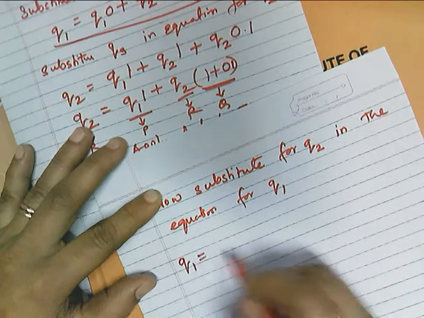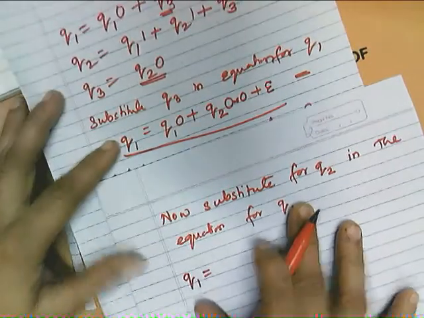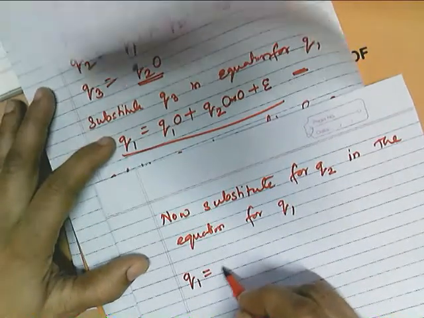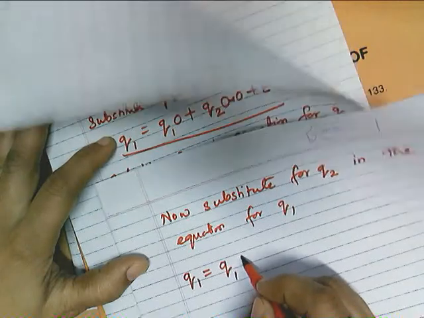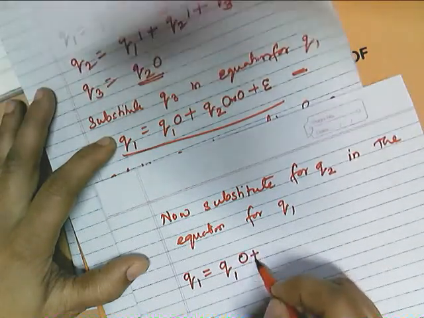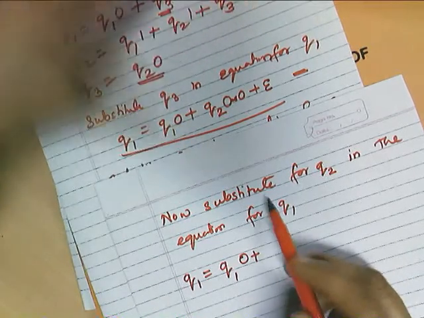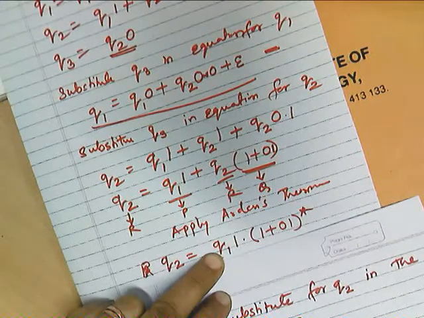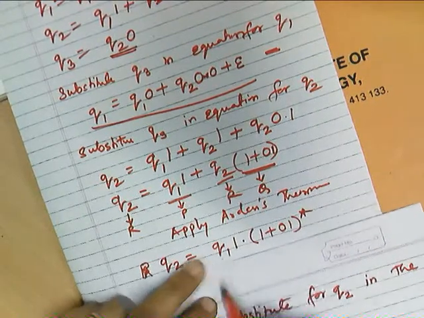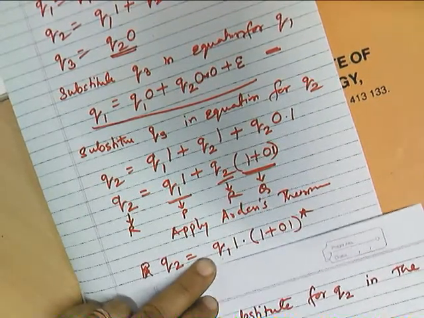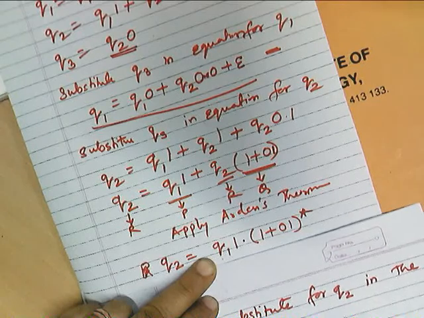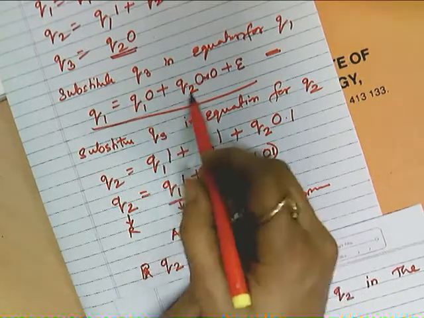Q1 is equal to, see here, Q1 is equal to Q1 0 plus, it is Q2. So have we got some Q2? So we got Q2 as, I am just replacing this. Q2 was Q2 0 dot 0.